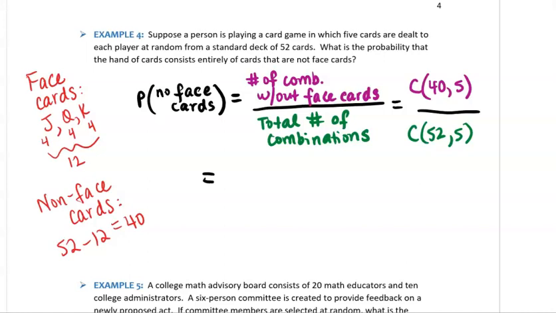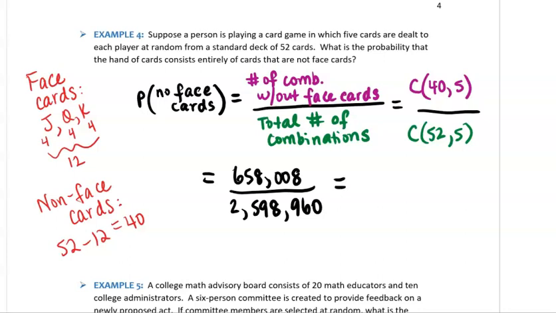Without showing the combination formulas, the numerator ends up being 658,008, and the denominator ends up being 2,598,960. So that is the probability of being dealt a 5-card hand where all of the cards are not face cards.